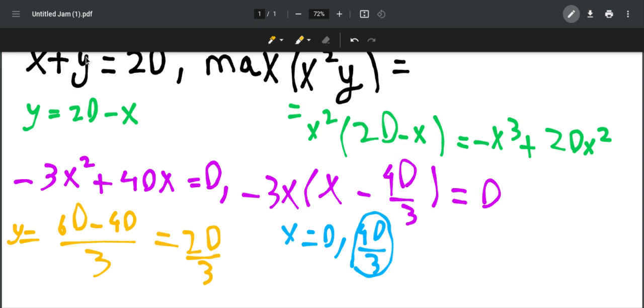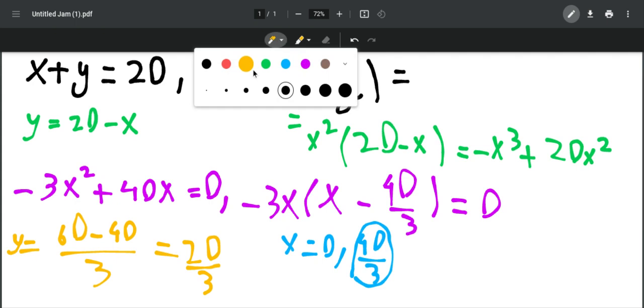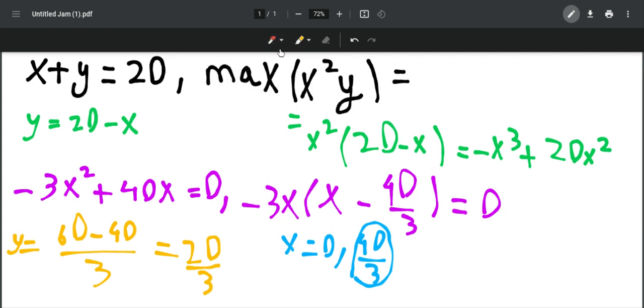We know that these two values make the first equation true, but now our job is to find what x squared y is. We can solve it by plugging back in. We have 40 over 3 squared, which is 1600 over 9, times y, which is 20 over 3.